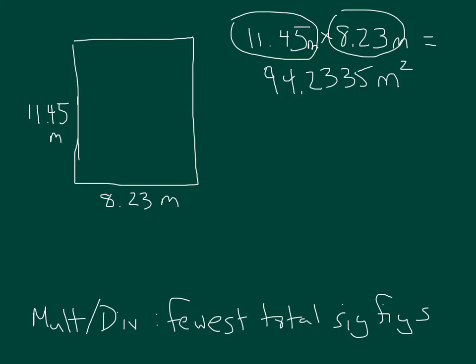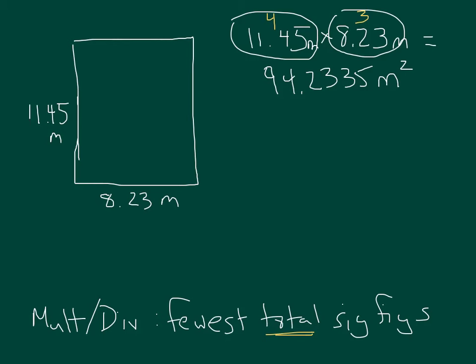We see that 11.45 has 4 sig figs. We see that the other one, 8.23, has 3 sig figs. And remember, the rule is the fewest total sig figs. So if our least precise measurement has only 3 sig figs, our answer also has to have 3 sig figs.